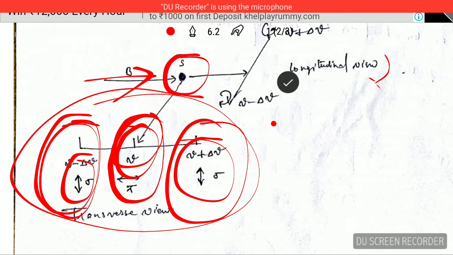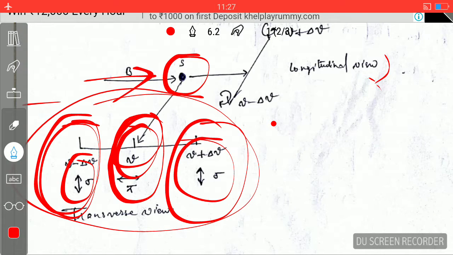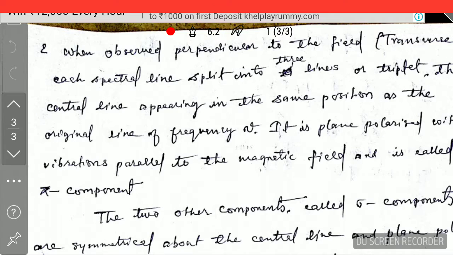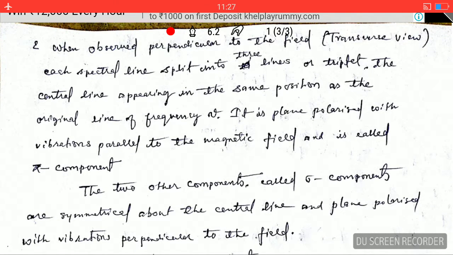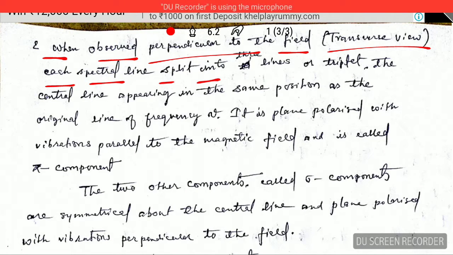So let's read the second observation. When observed perpendicular to the field, that is the transverse view, each spectral line is split into three lines or a triplet.